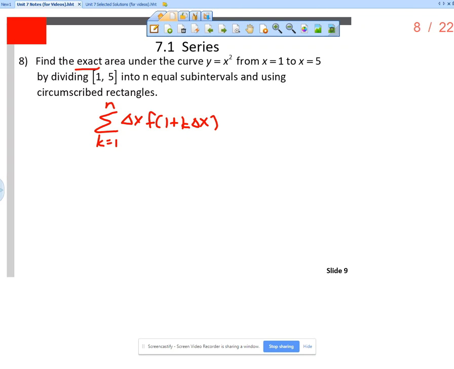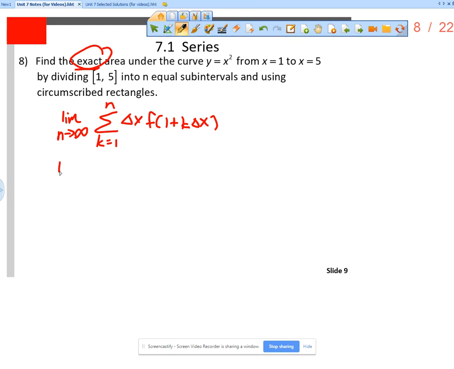And so what we're actually going to do is evaluate the limit as n, not x, as n approaches infinity. So we're going to treat the sum as if n is some unspecified constant, and then we're going to evaluate the limit as n approaches infinity. And so what this is going to do is find for us the exact area, not an estimate, the exact area under the curve.